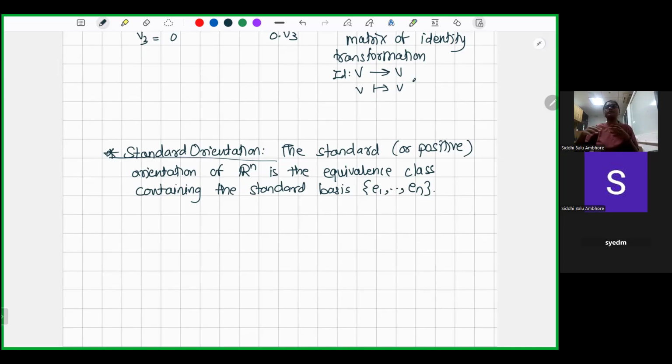So we are setting a notation that we will call a basis to have the same orientation or positive orientation if it has the same orientation as this standard basis.